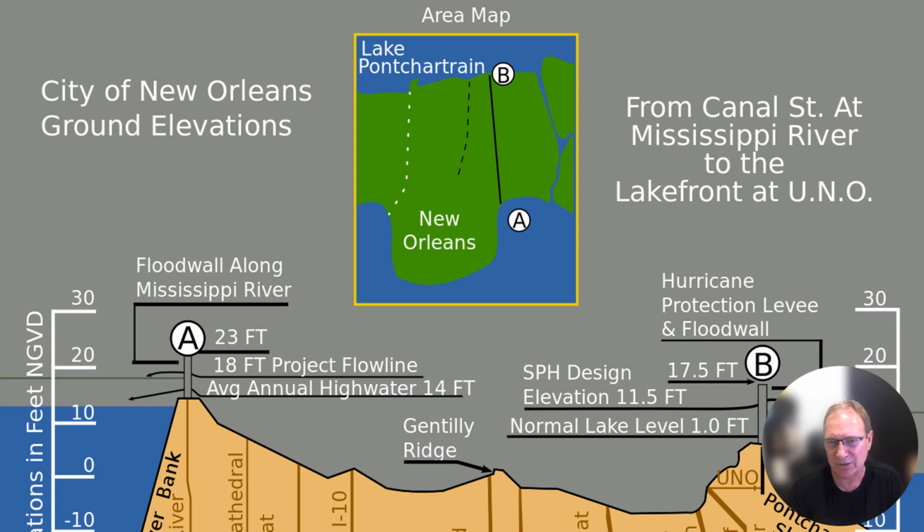We pump it into some of the channels that we've constructed, the channelization that I've talked about earlier, and then because it's pumped high, it allows it to gravity feed out into Lake Pontchartrain. In many cases, though, this kind of cutaway image gives us an idea of the bowl effect that does exist here in New Orleans.